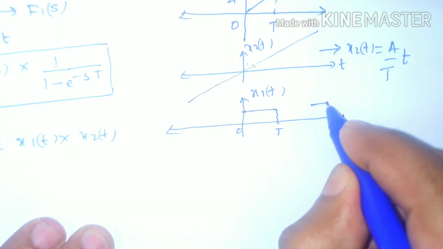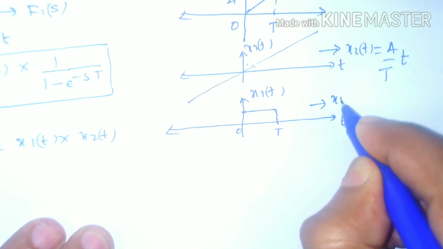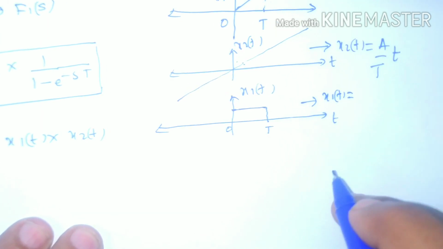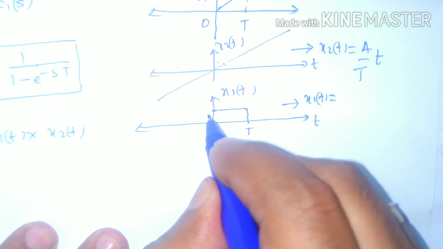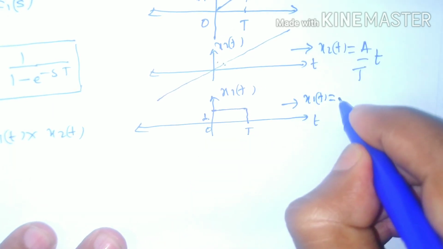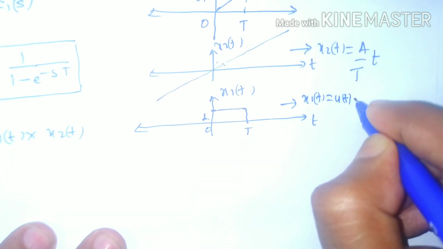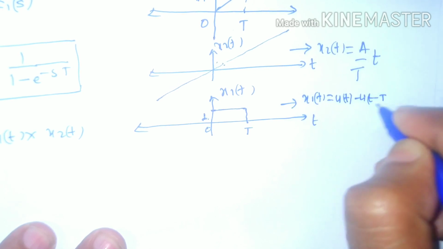And what will be the equation of x1(t)? Its amplitude is 1, so x1(t) will be u(t) minus u(t minus T).